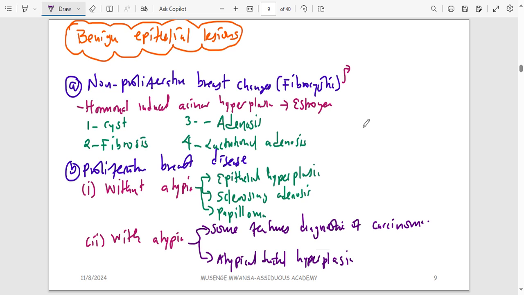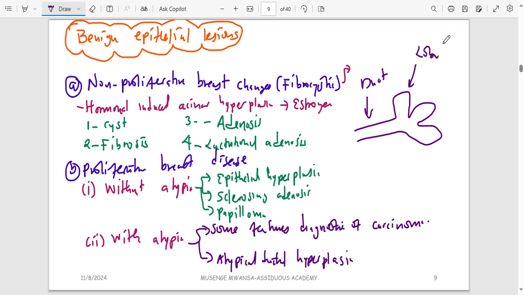Remember we said that cancers can develop either in the duct or in the lobule. So on the proliferative without atypia, you have got ductal hyperplasia or lobular hyperplasia. And when you go to with atypia, you basically put atypia in front: atypical ductal hyperplasia, atypical lobular hyperplasia.